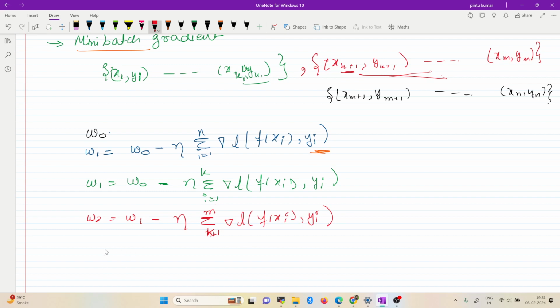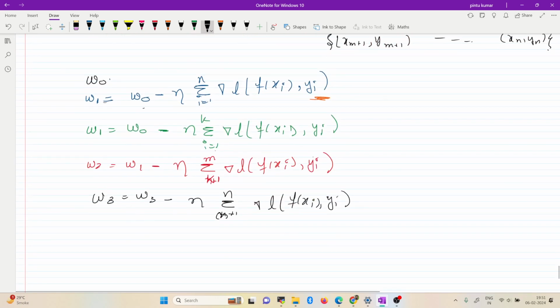And again for the last update, you do w3 equals w2 minus eta times the summation from m plus 1 to n of the gradient of L at f of xi, yi. You would have reached from here to here in one update, but you are splitting it into 3 updates.